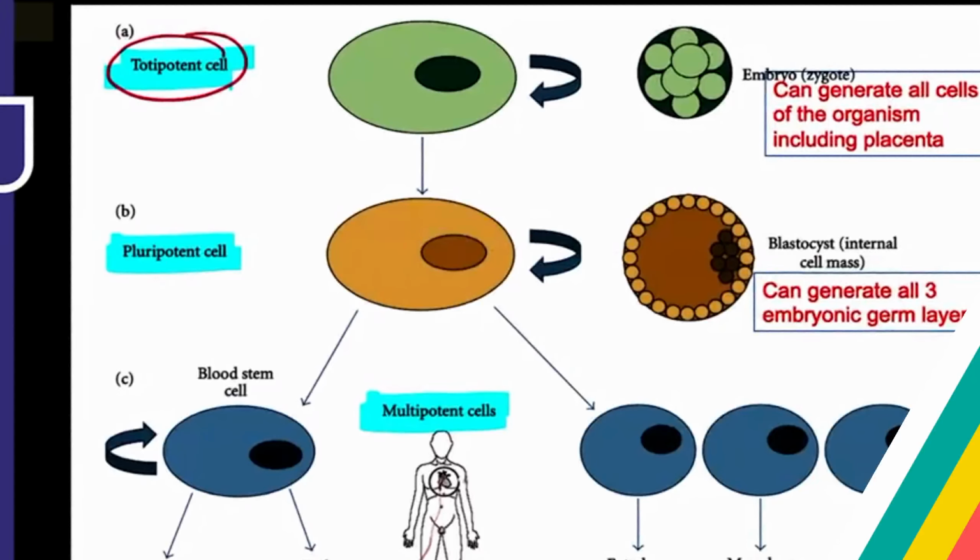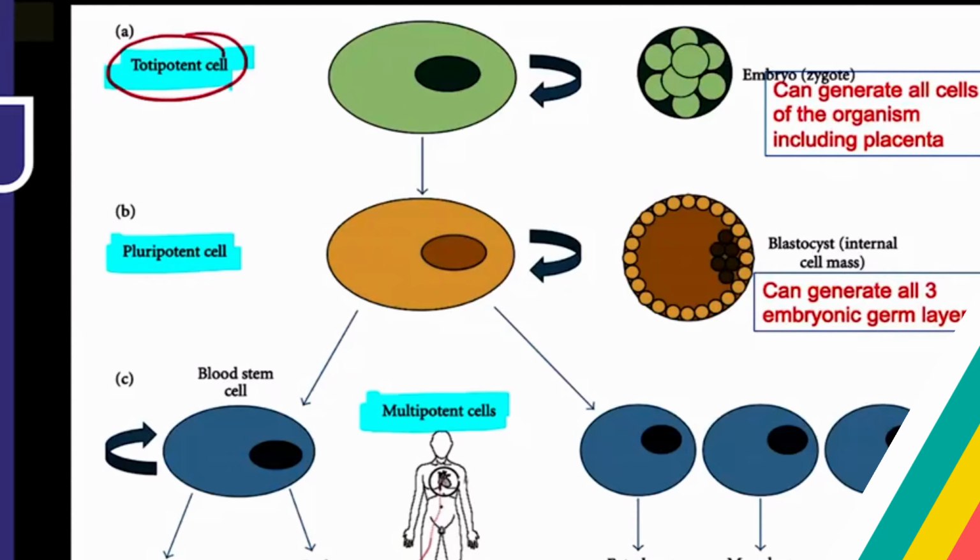Totipotent, T-O-T-I, totipotent. Totipotent stem cell means this cell is capable of producing the whole organism, including the placenta. What I'm saying, make it clear. So you know that after the formation of the zygote, there will be cell division, 2 cells, 4 cells, then 8 cells.